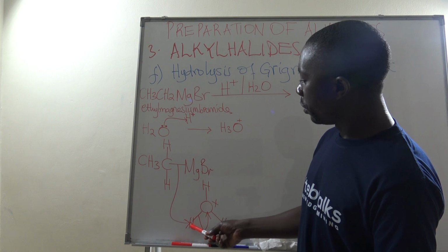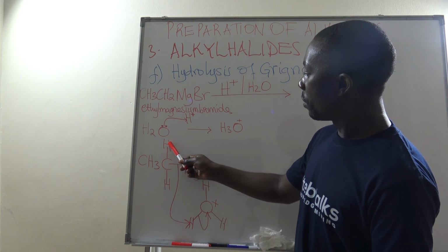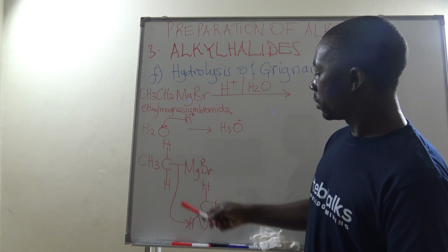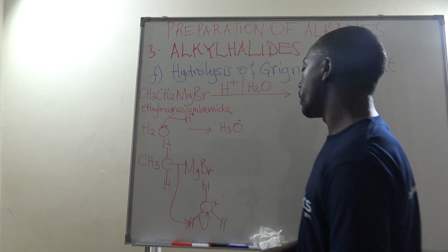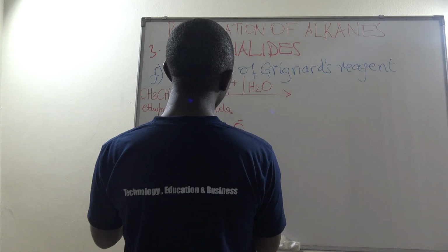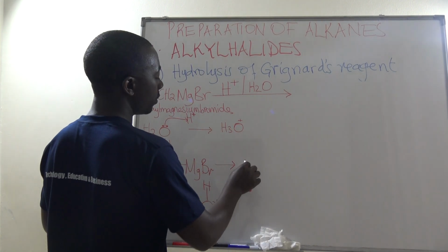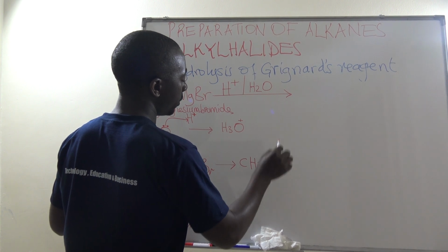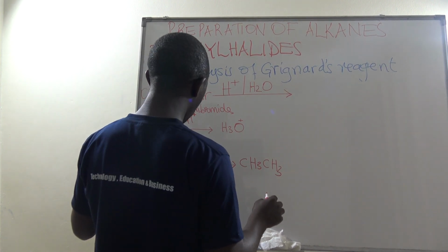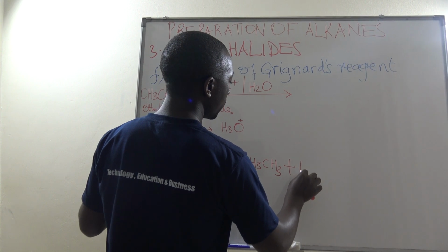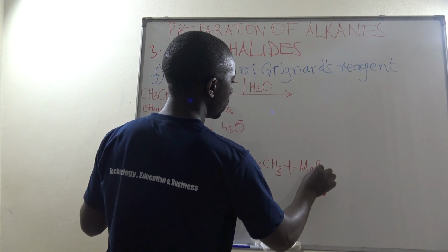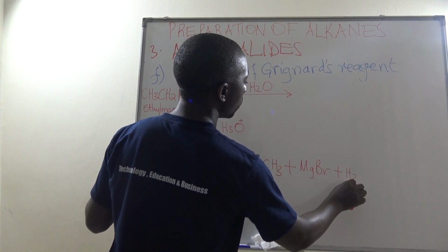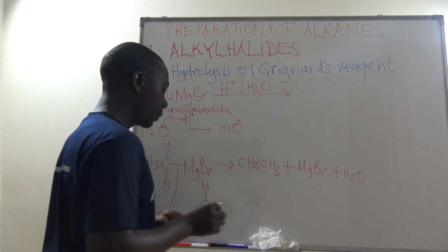This hydrogen is picked to go to the carbon, which already has two hydrogens, and once it is picked, it will liberate an alkane like CH3CH3, plus MgBr, and then plus the water molecule.